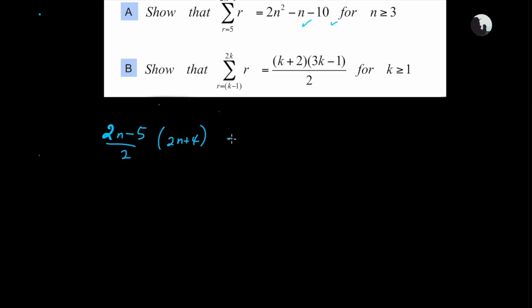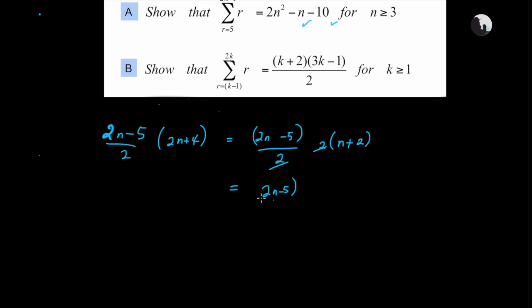Distribute this thing here, so you will end up with something like this. So it's up to you. You can just factorize this one first, and then you can cancel out with 2, and then later on just expand them together. I'd love to do it that way, because it will be much easier for me to do, a divided by 2, so the expansion will be 2 times n plus 2. Okay, n plus 2.